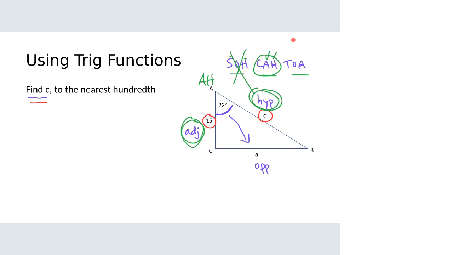So that's how we decide which trig function to use. What side do I know? What side am I looking for? Which trig function has those two in it? And here, that's cosine. The cosine of this 22-degree angle is going to be, let's see, cosine is adjacent over hypotenuse. So adjacent, that's the 15, over hypotenuse, that's the c.